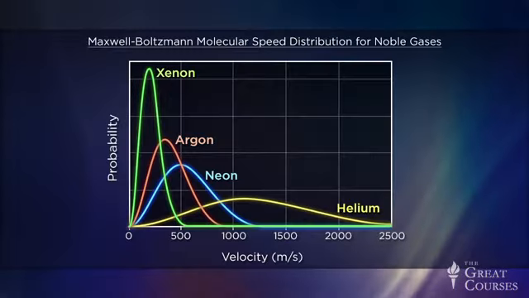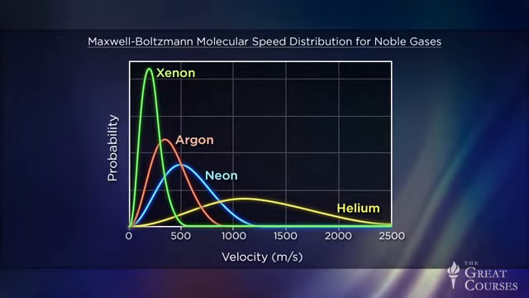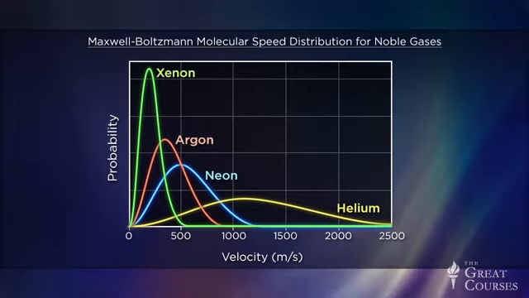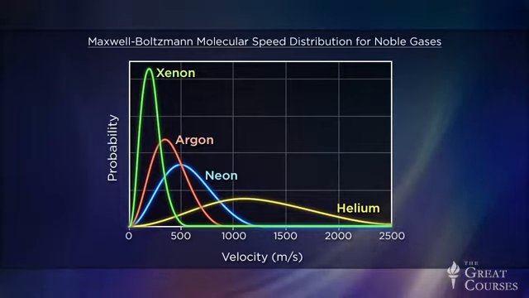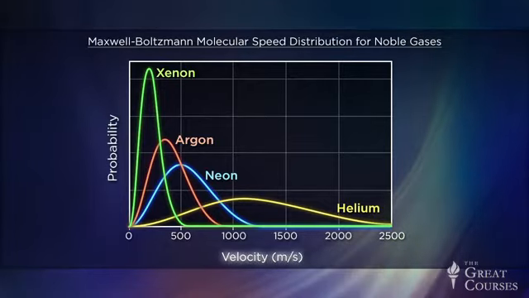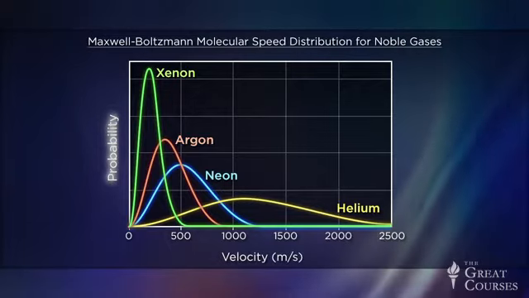That corresponds to an average over all those micro quantities, the particle velocities. For example, here's a distribution of velocities of different atoms at room temperature, or to be precise, 298.15 Kelvin.